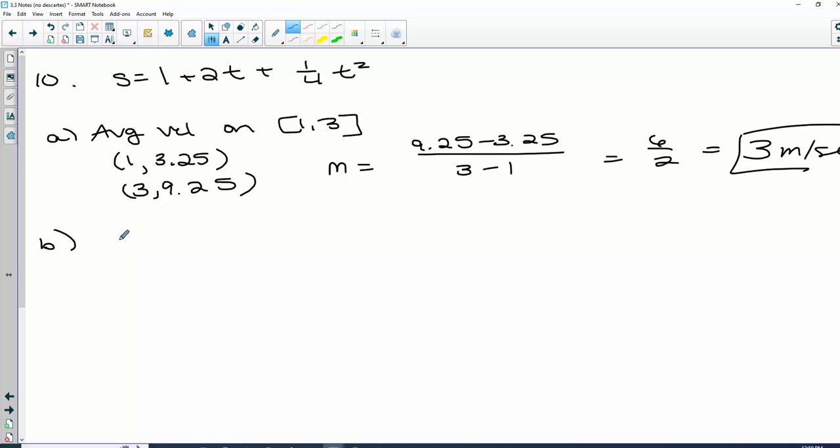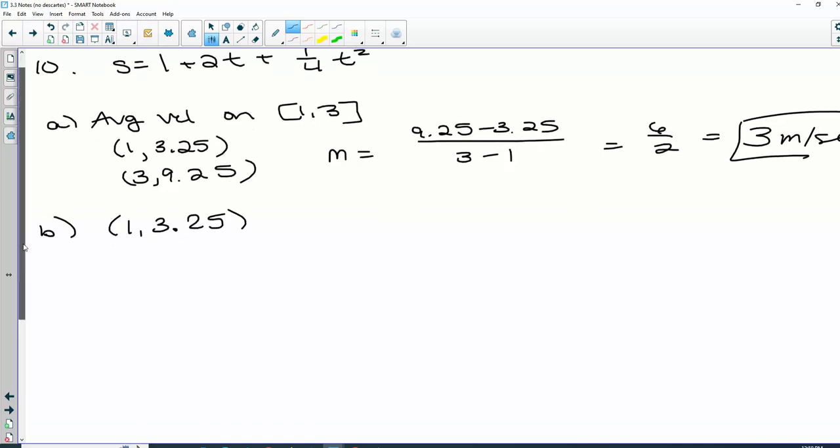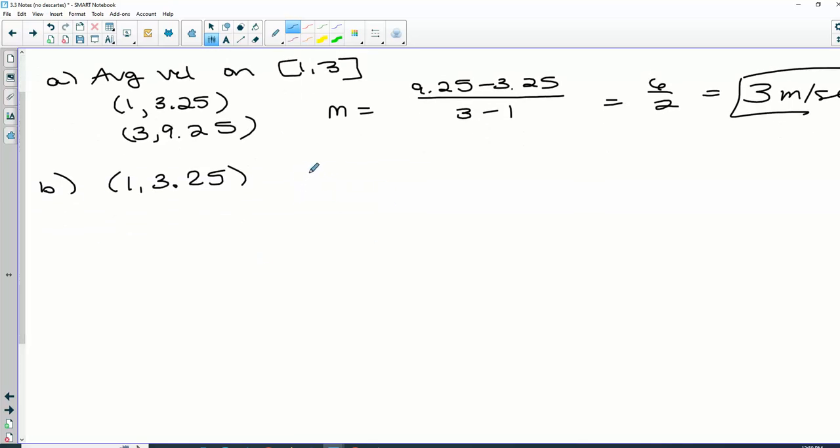B, instantaneous velocity when t equals 1. We already know the point when t is 1 is 3.25. Instantaneous is asking me what all the average velocities approach. Average velocity is a slope, so we have to think, okay, if I were to find the slope, it would be y minus 3.25 over x minus 1.